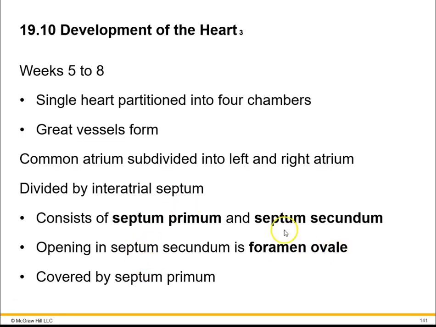There is an opening in the septum secundum called the foramen ovale. In the fetal heart, the foramen ovale allows blood to be shunted from the right atrium to the left atrium, bypassing the pulmonary circuit because the lungs are not functioning yet.